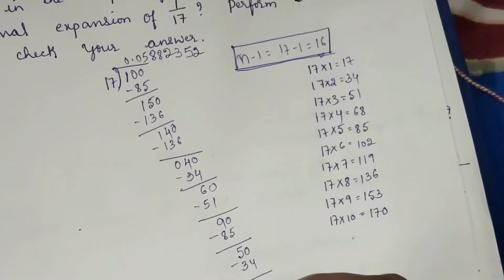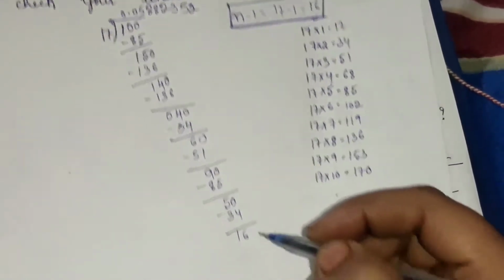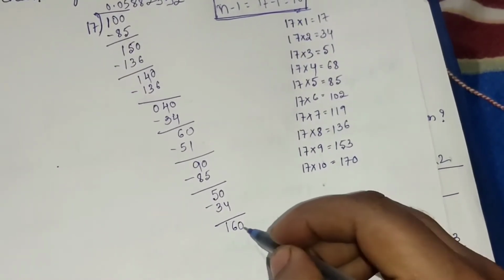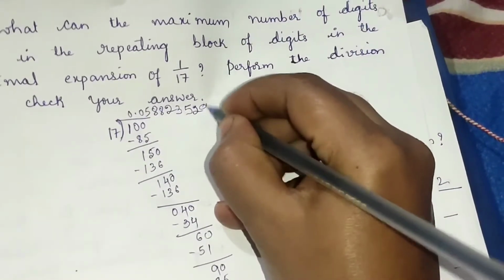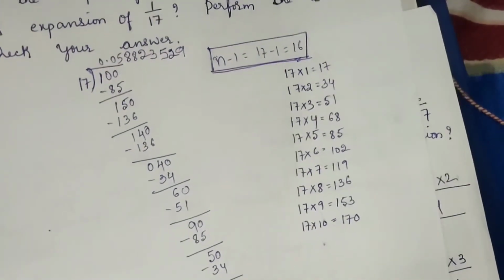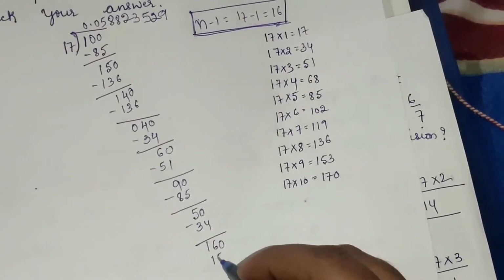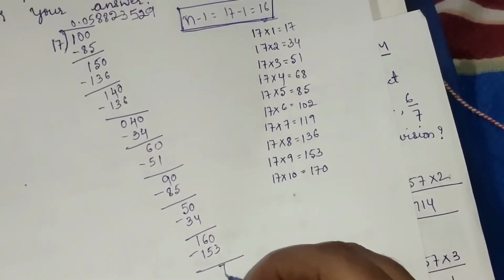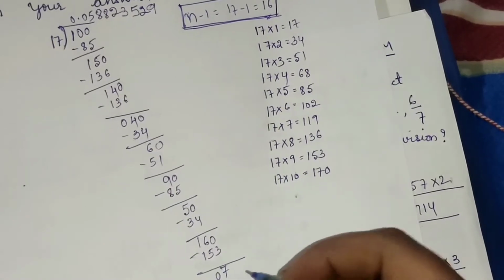Subtract it, you will get 16 as a remainder. Take 0. Then 17 9s are 153. When you subtract, you will get 7, and 0 here.